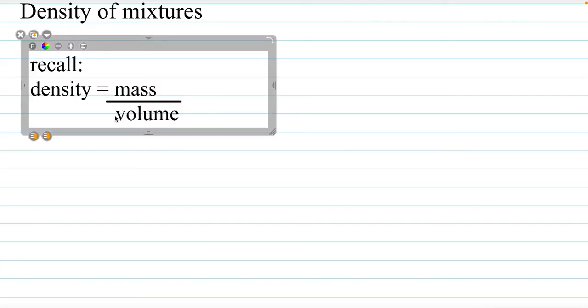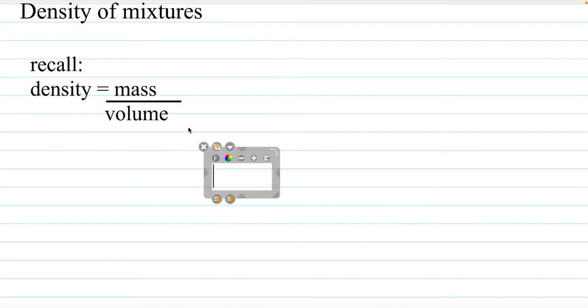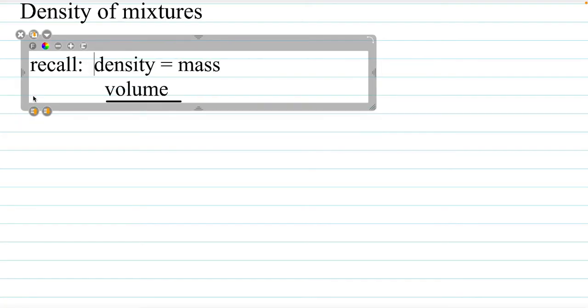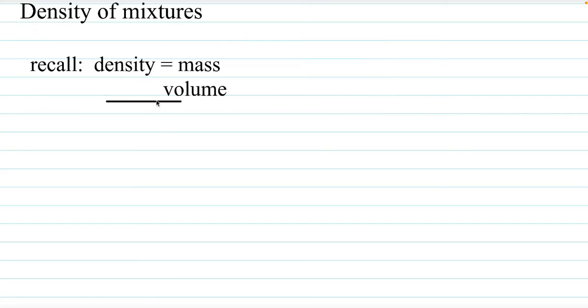Okay, so what are we going to do here? We're going to get the mass of each of them, mass over volume.